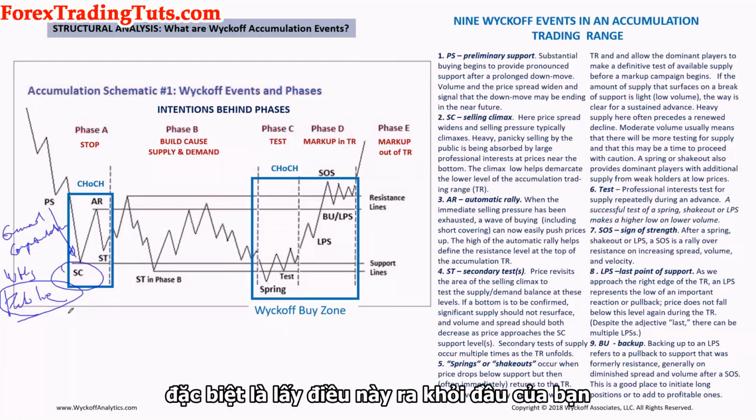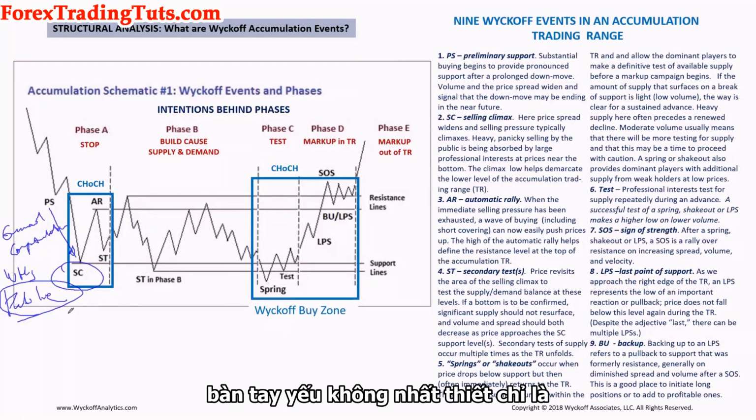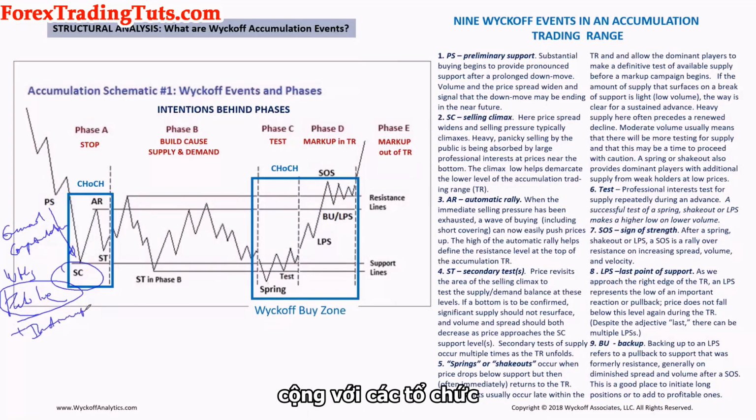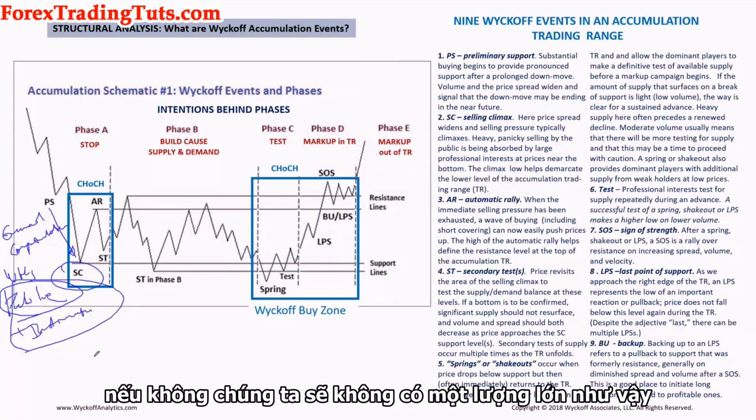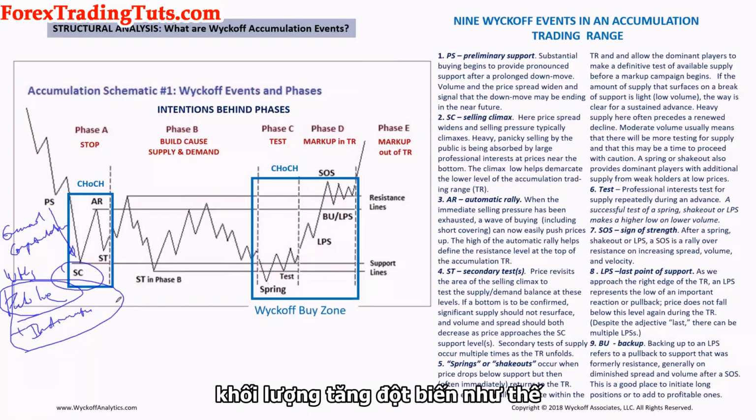Get this out of your head, especially those of you who've been studying the methodology for years and years. Weak hands are not necessarily just the public. Weak hands are always going to be the public plus institutions. Otherwise, we would not have such a huge volume signature on the selling climax. The public cannot produce overextended volume spikes like that.